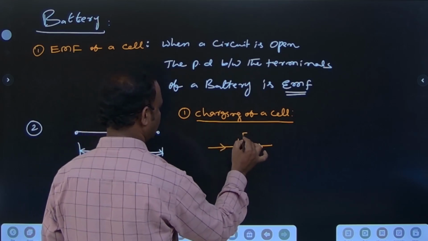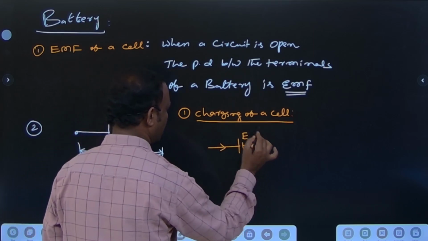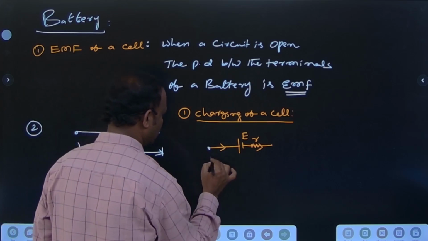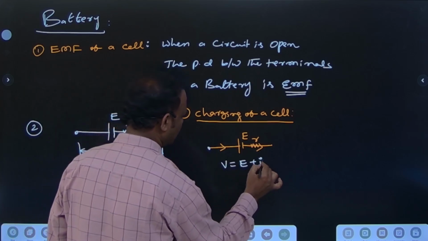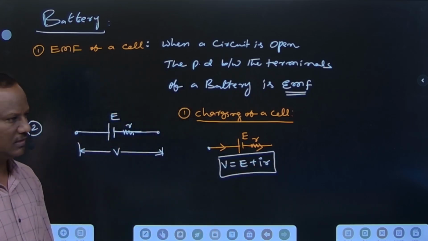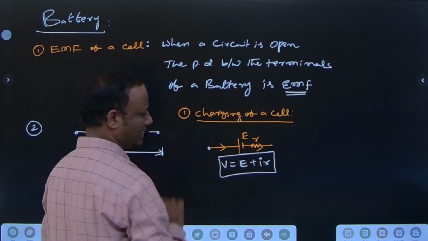Its EMF is E, and its internal resistance is small letter r. So what is the potential difference? V is equal to E plus Ir. Ir is the potential gradient, which is added.